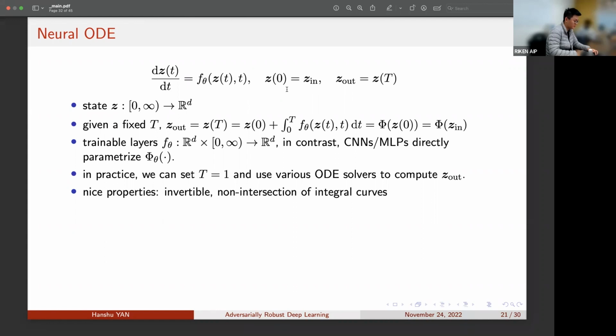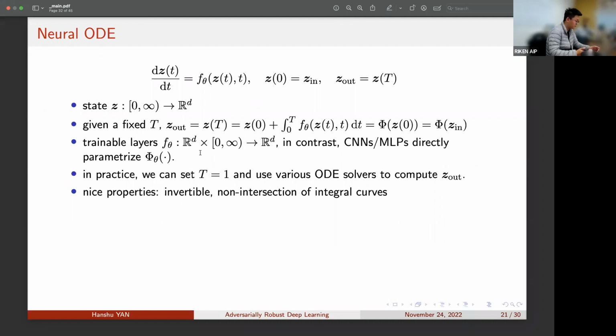We denote the initial state z0 as the input and the terminal state evaluated at t as the output. If we fix t, then the relation between the terminal state and the initial state is defined by the integral of f from time 0 to time t, and this is also called the flow function.